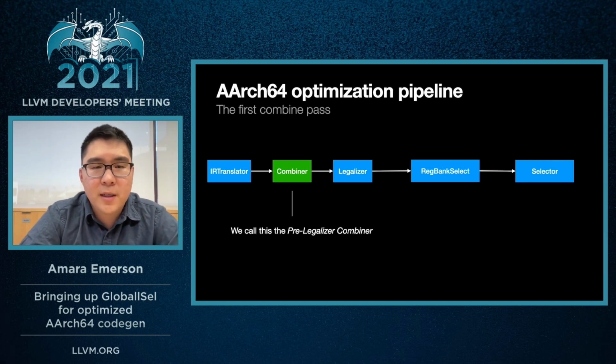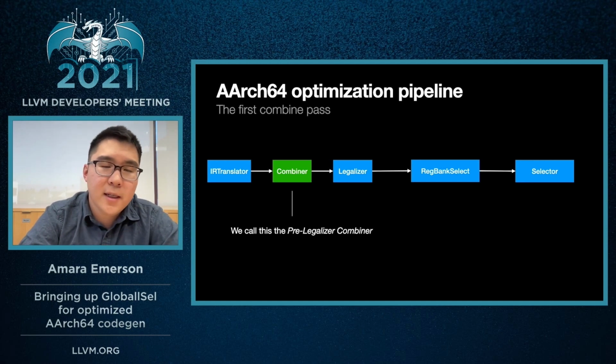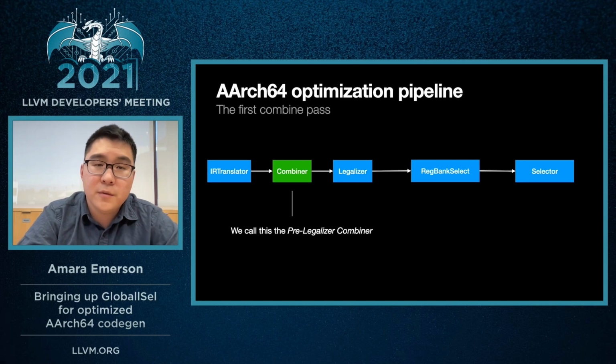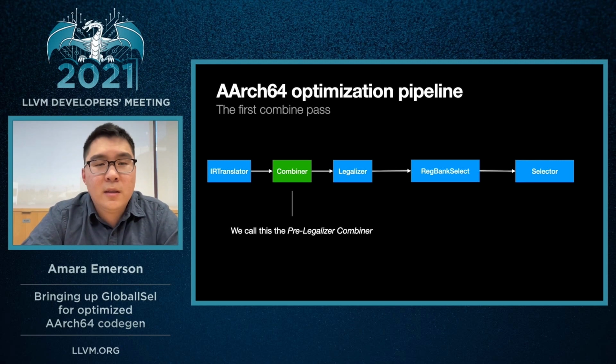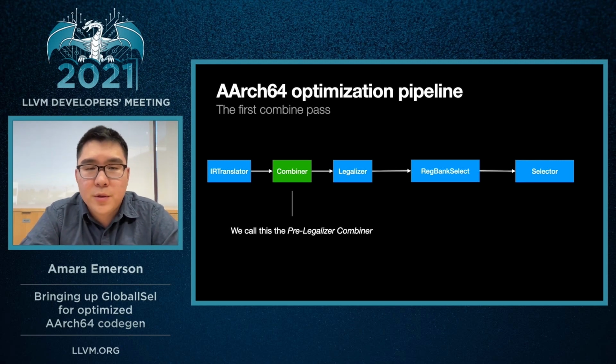The purpose of this combiner is to clean up instructions that the IR translator generates, and to simplify things as much as possible before we get to legalization. This allows us to keep the legalizer simpler, and also improves compile time because we don't have to process as much code. In this combiner, we also take the opportunity to do things like memcpy inlining.